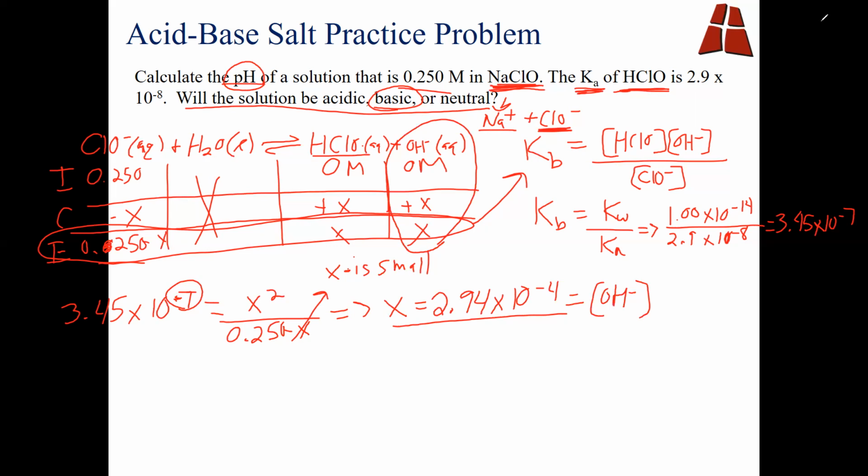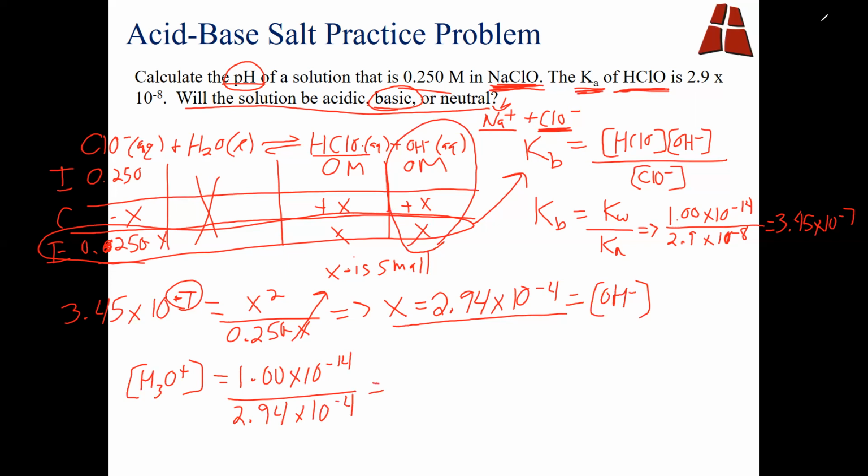So we want to get our pH. We need to figure out how much hydronium we have, so H3O plus. That is going to be equal to, again, our Kw expression, where we have 1.0 times 10 to the minus 14, divided by our concentration of hydroxide, so 2.94 times 10 to the minus 4th.